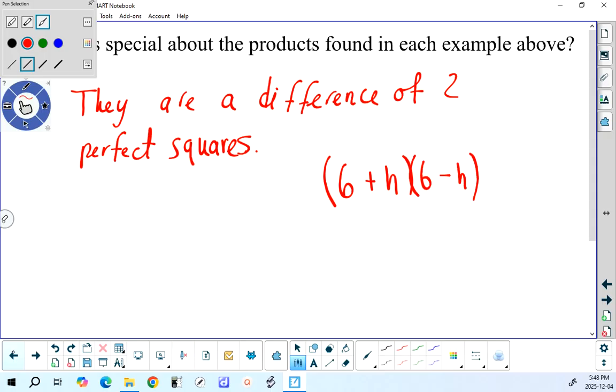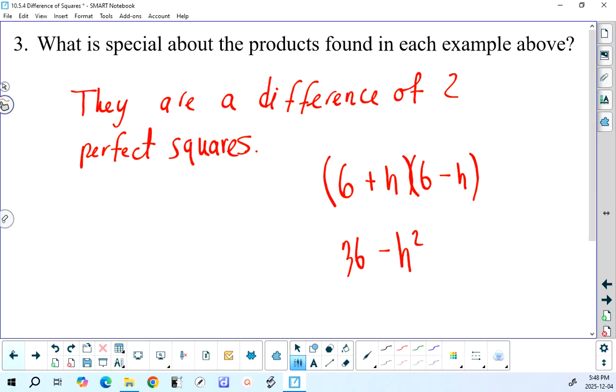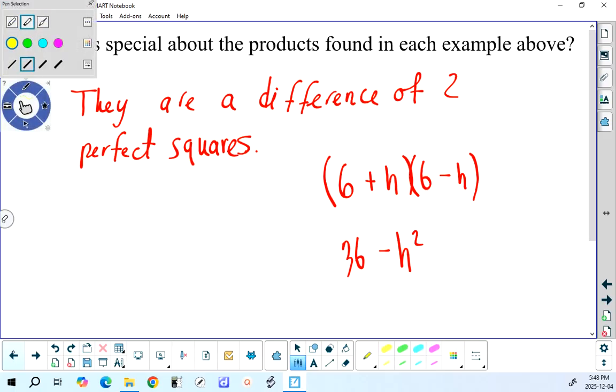And we got 36 minus h squared. So where did the 36 come from? Well, it came from the 6 times the 6. So when we multiply these two numbers together, it gives us the 36. Where does the h squared come from? Well, it comes from these two things being multiplied together. We get negative h squared.